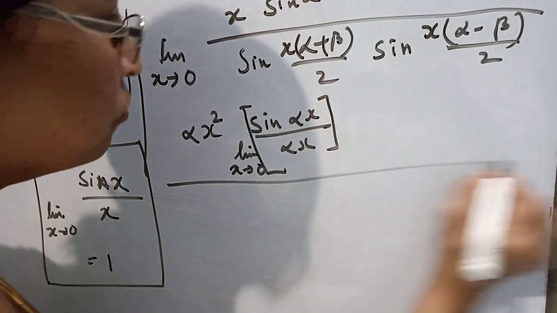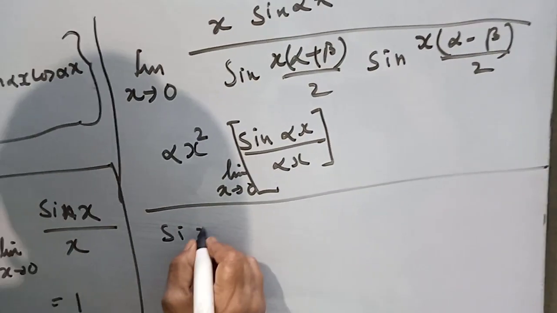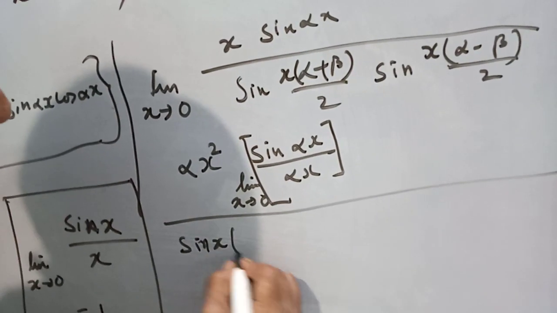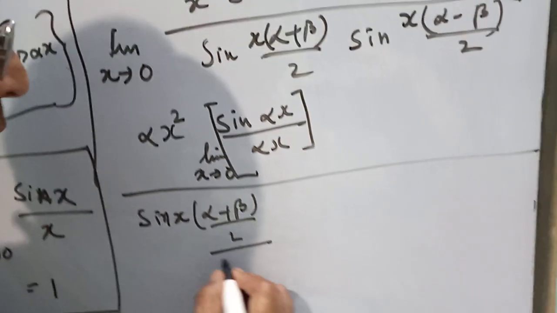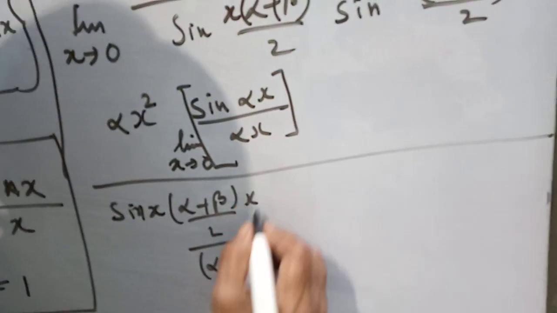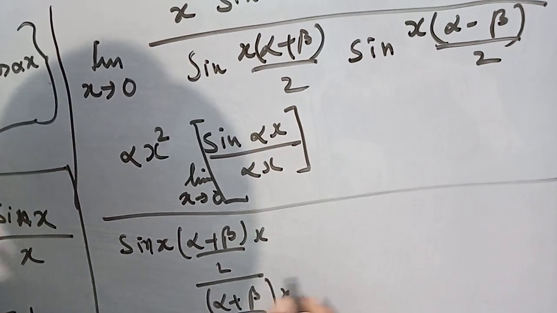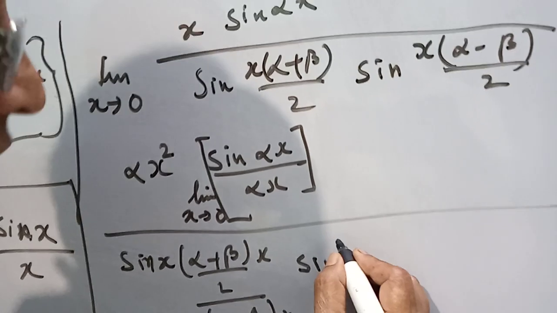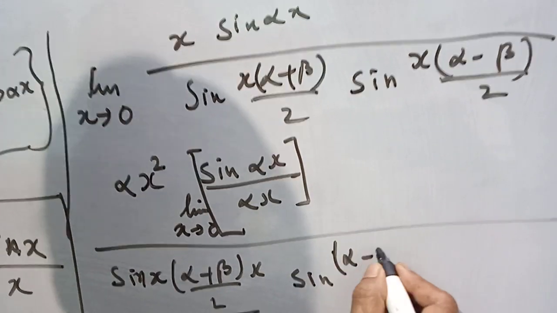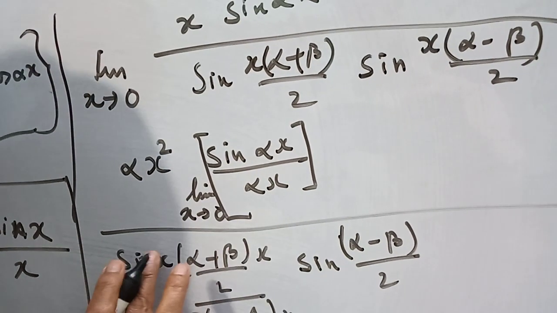And here also we can write sin of alpha plus beta by 2 x, divided by alpha plus beta by 2 x. I can write this, and here also sin of alpha minus beta by 2 x. We have written x here also.